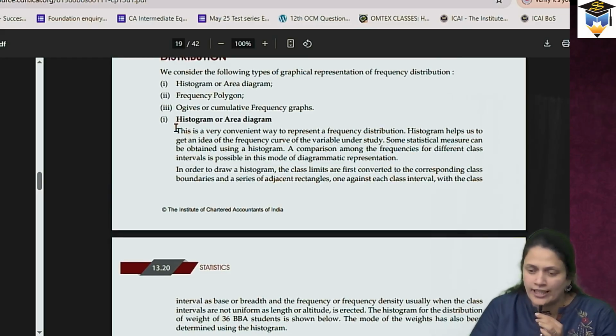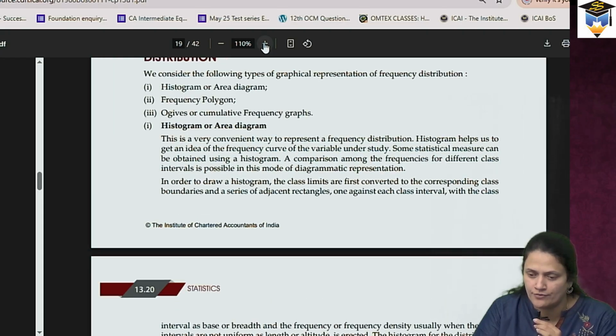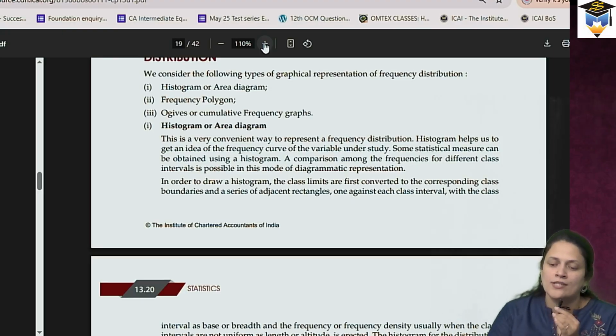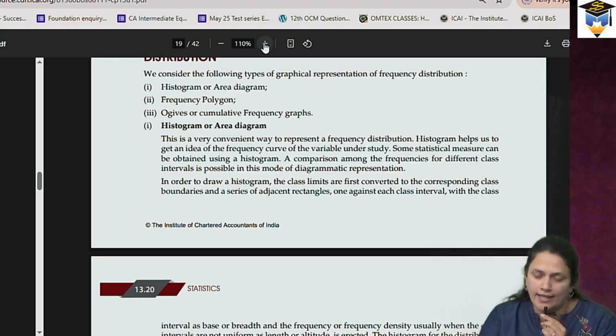Now just read the part that is given over here. Histogram or area diagram. This is a very convenient way to represent a frequency distribution. Histogram helps us to get an idea of the frequency curve of variable under the study.